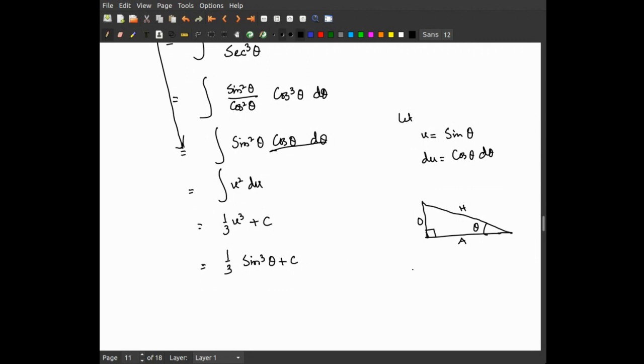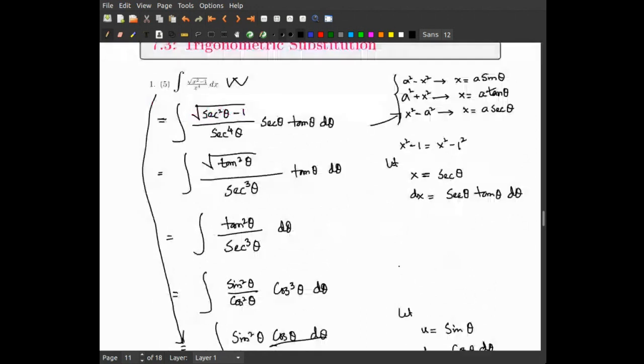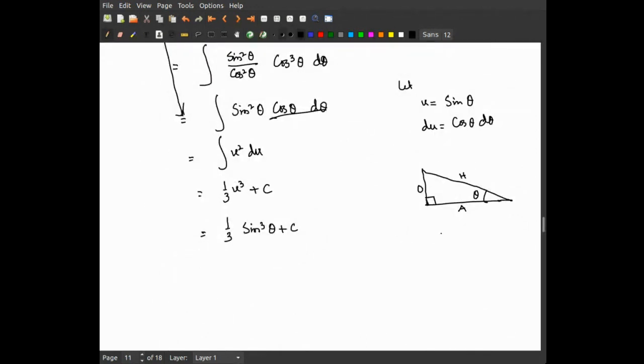Looking at the starting point, we have x equal to secant theta. Actually, x can be written as x over 1. Can you tell me what secant theta equals in terms of hypotenuse, adjacent, and opposite? Hypotenuse by adjacent, right?